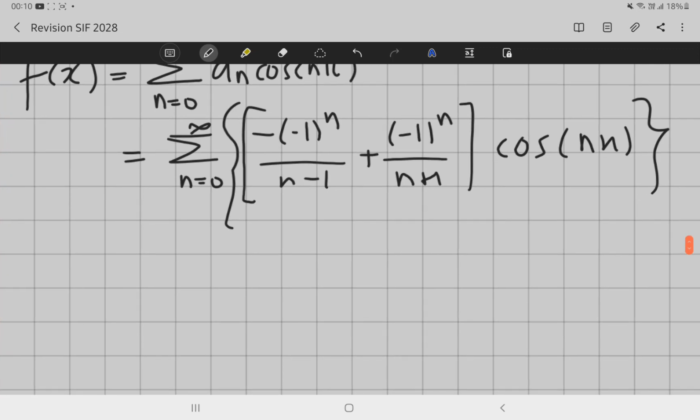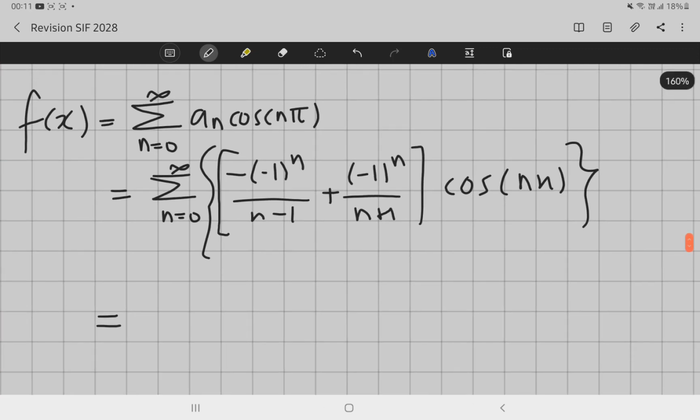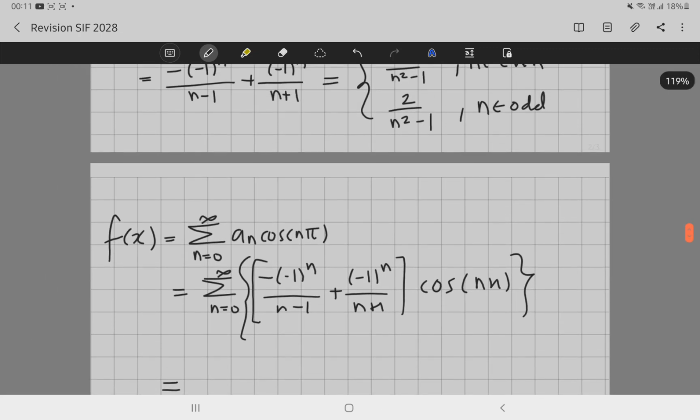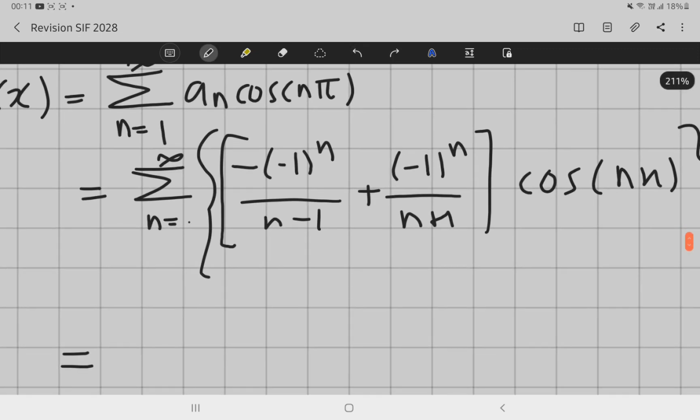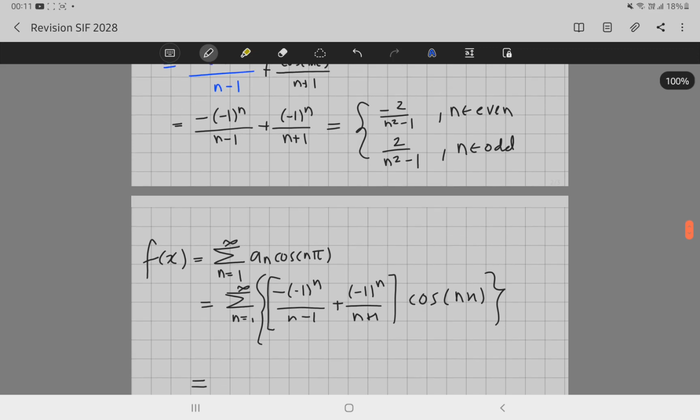Okay, so let's substitute several values. When n equals 1, sorry, n starts from 1. So when n equals 1, we have to use this odd possibility.